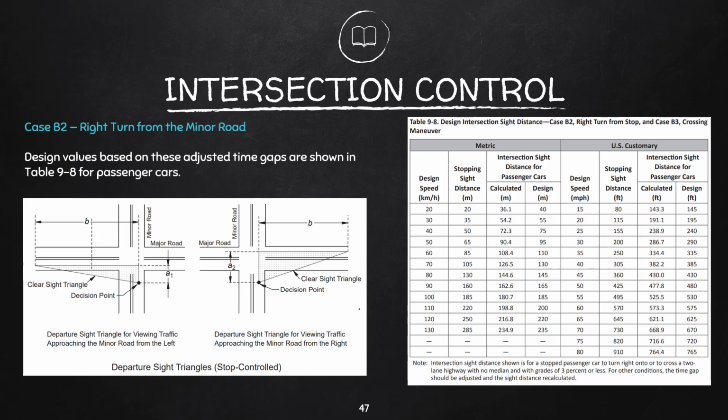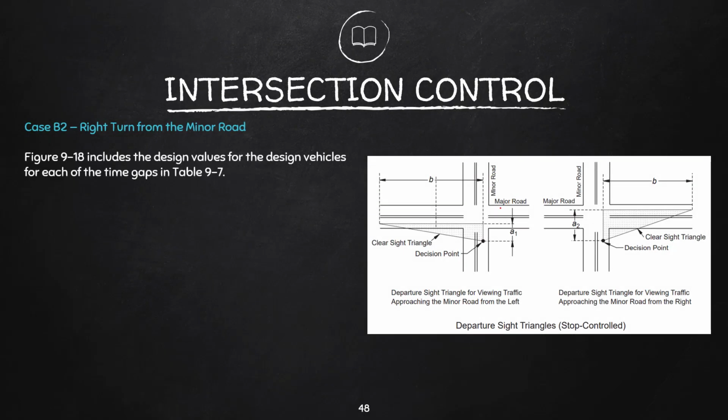Sight distance values based on these adjusted time gaps are shown in table 9-8. So we have that for case B2. And figure 9-18 includes the design values for the design vehicles for each of the time gaps in table 9-7.